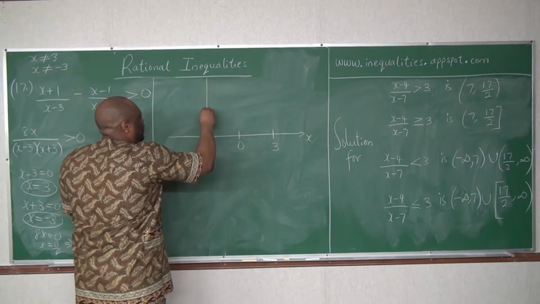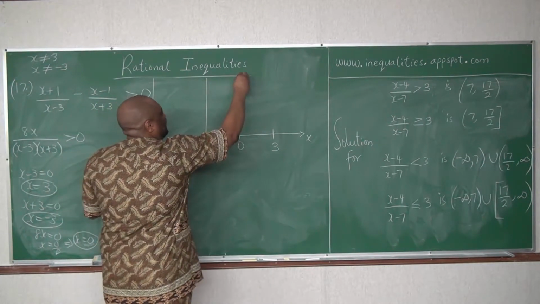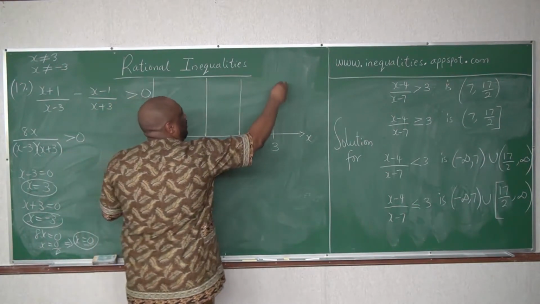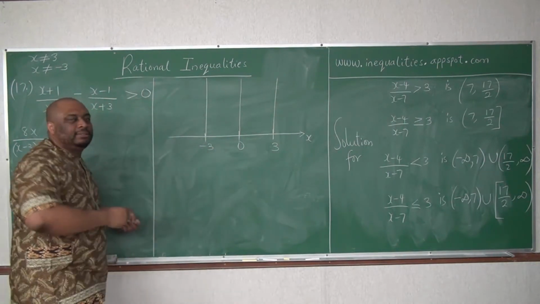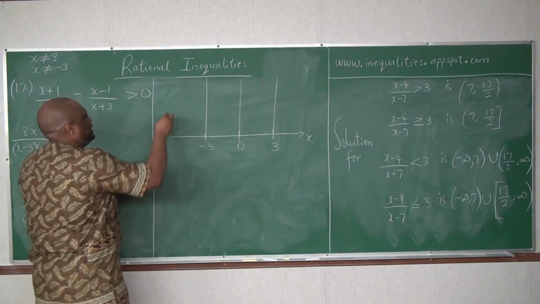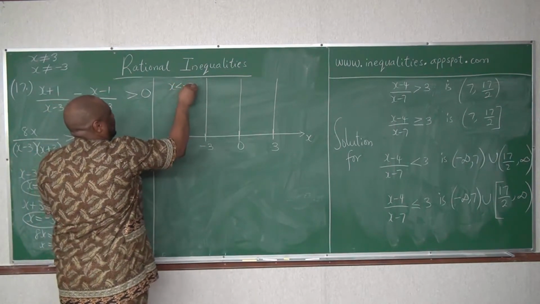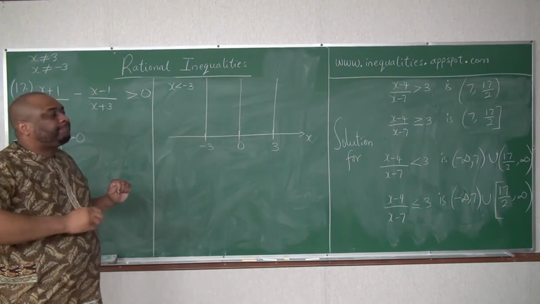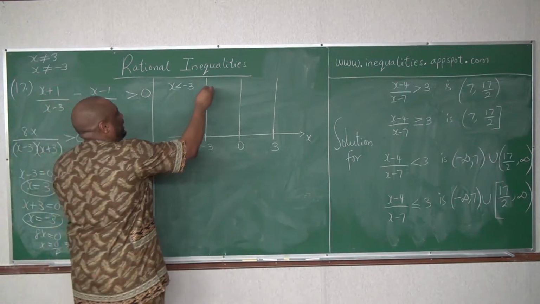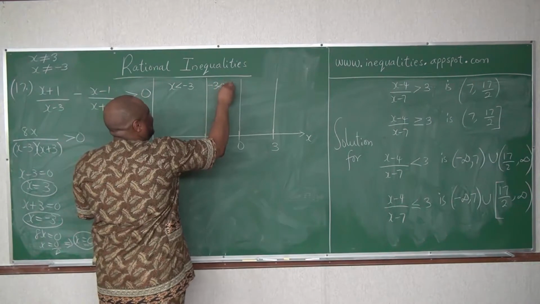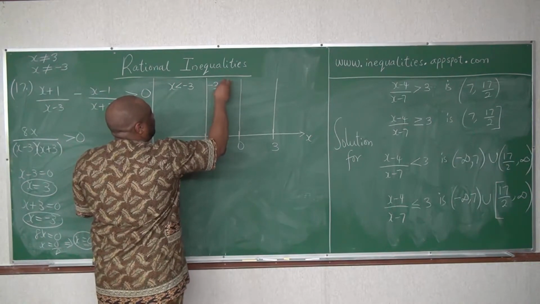We have the first one here. We have the second one. We have the third one here. So the first test interval is x less than negative 3. Second test interval is negative 3 less than x less than 0.